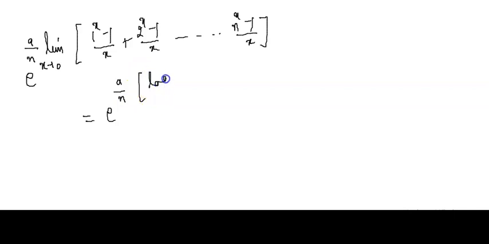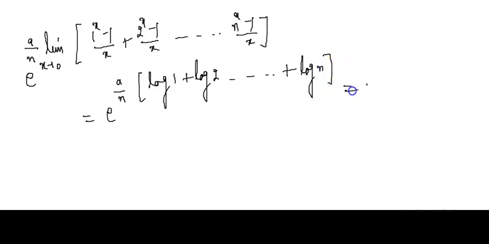This will be log 1 plus log 2 plus log 3, and so on up to log n. Okay, and this will be e to the power a by n into log of the product of all these 1, 2, 3, and so on up to n.